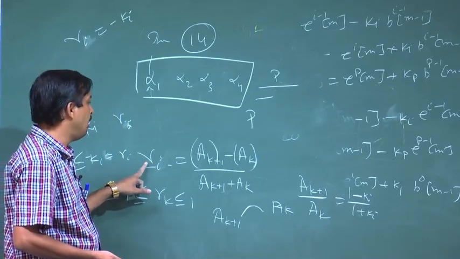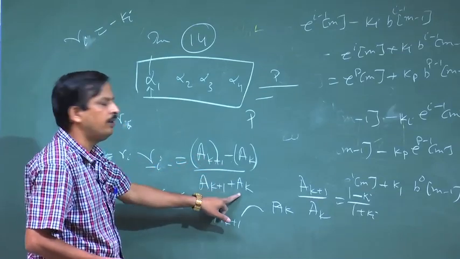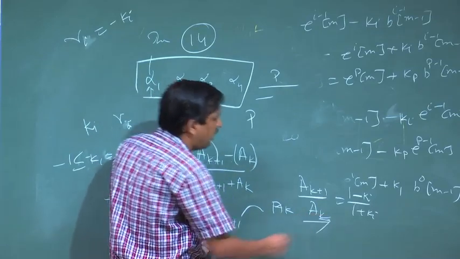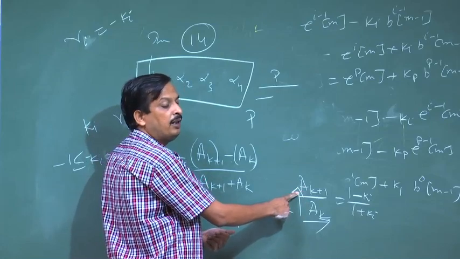Once I know the k_i value, I know the r_i value, and I can find A_{k+1} divided by A_k. So, if I know the previous tube's cross-sectional area, I can find the cross-sectional area of the next tube.